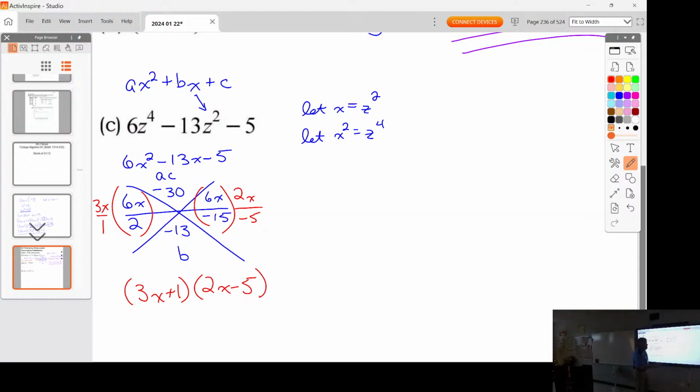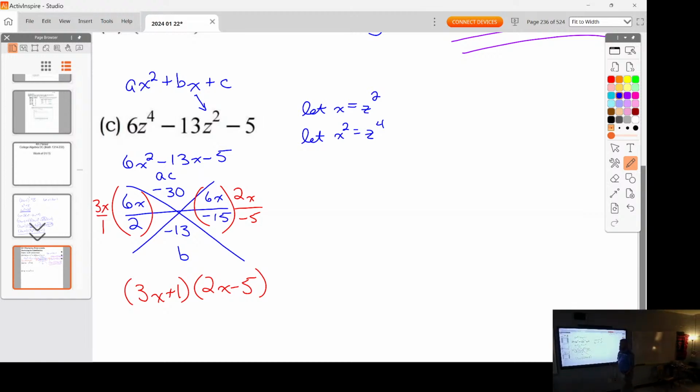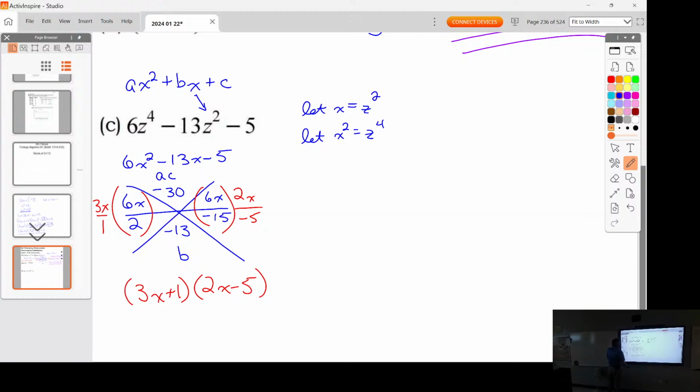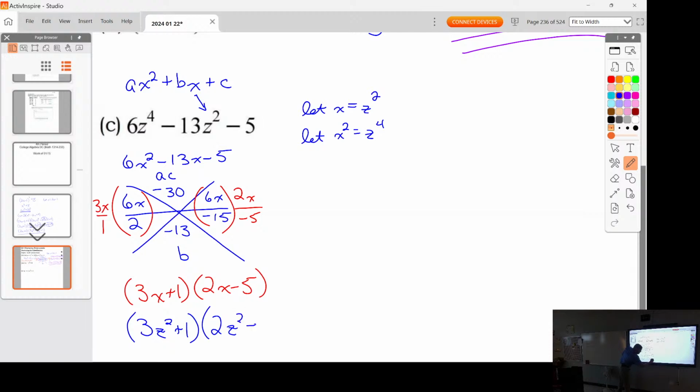But that's not my answer because my problem doesn't have x's in it. Replace the x's with the z squares. Final answer, 3z squared plus 1 times 2z squared minus 5.